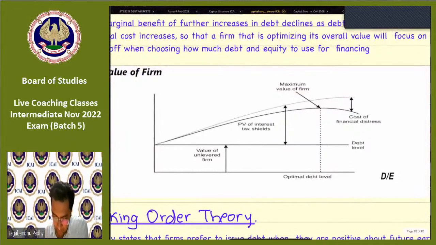So the value of the firm will keep on increasing up to a point of time. But then there is this cost of financial distress also. So this particular portion talks of the benefit of the savings, and this portion starts increasing.